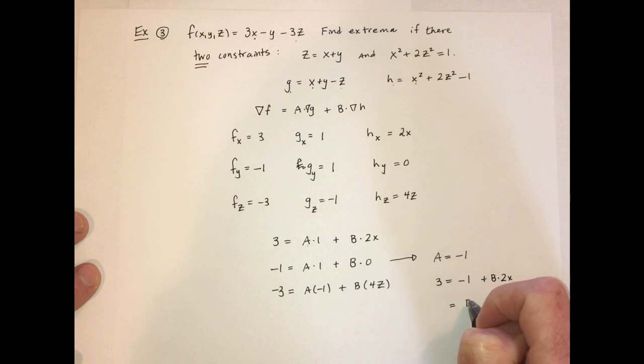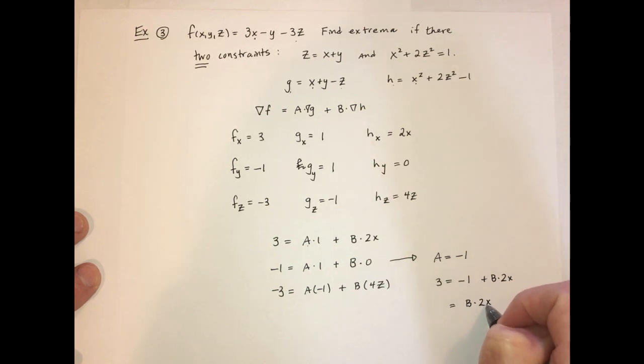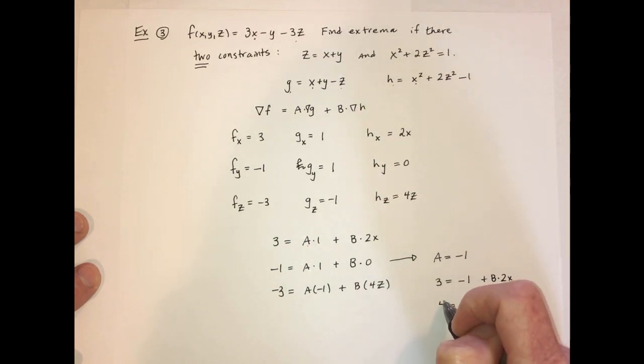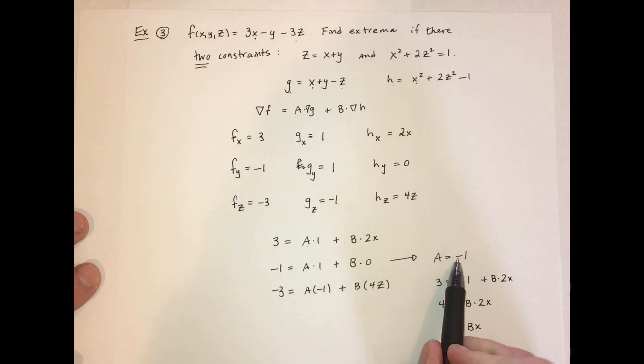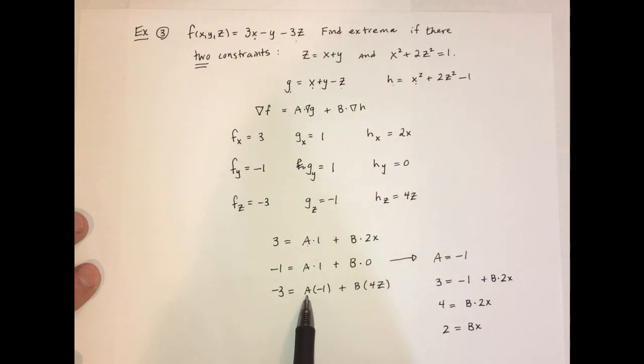So that means that b times 2x, add 1 to both sides, is equal to 4. Or you could divide both sides by 2, so b times x is equal to 2. Now we could also take that negative 1 and substitute it right here.